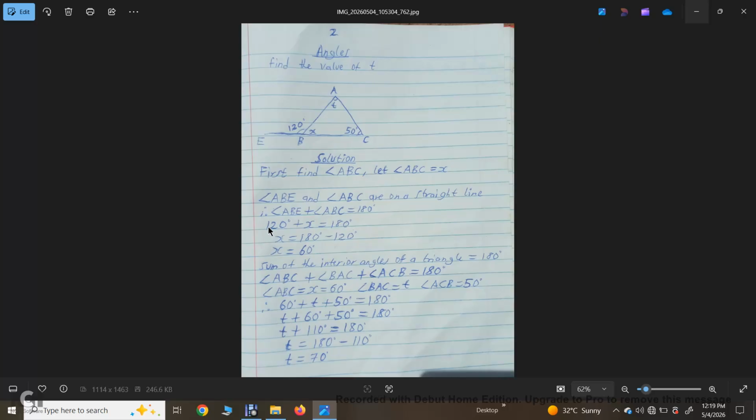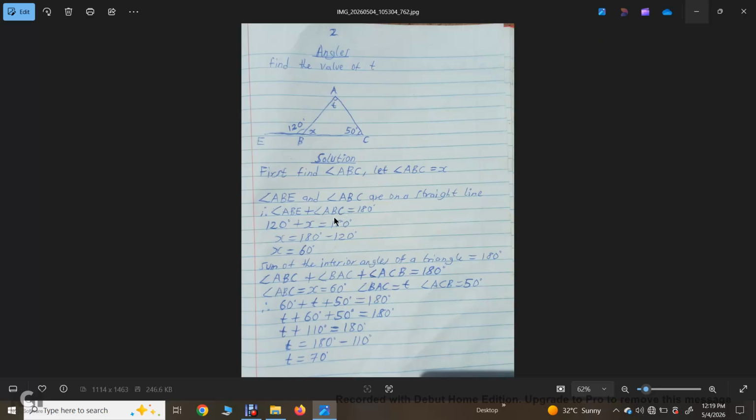Here, 120 degrees is positive. When it crosses the equal sign, it becomes negative. So therefore, x is equal to 180 degrees minus 120 degrees. So x is equal to 60 degrees.